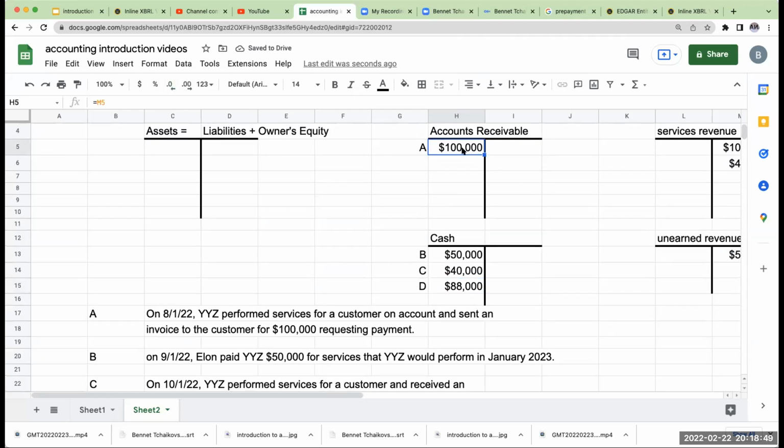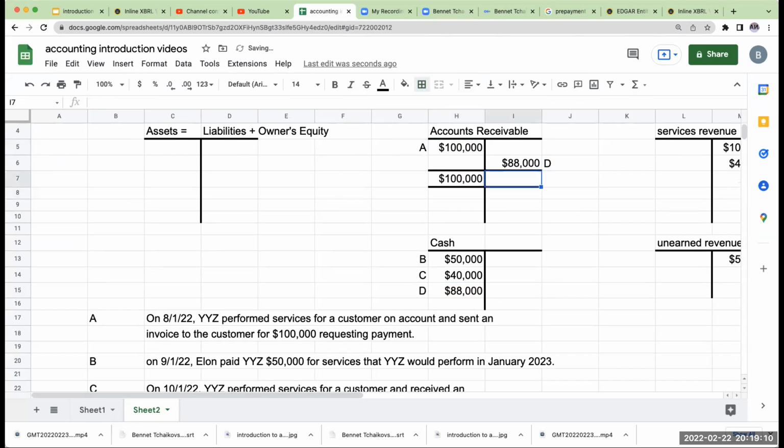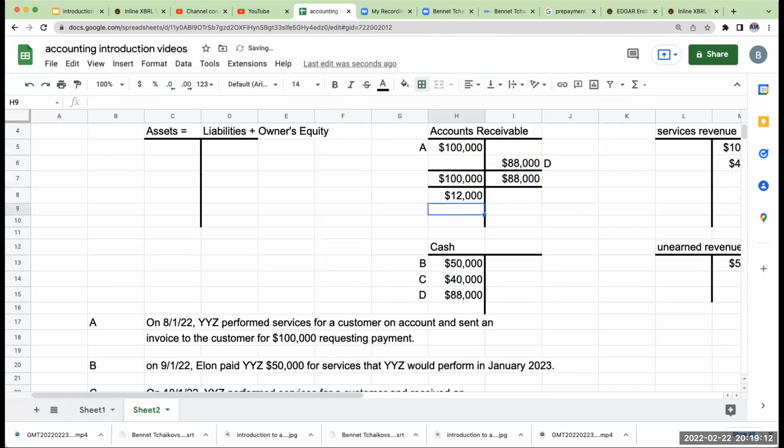Well, they owed me $100,000, right? Once they paid me, they're giving me now 88 grand. Do they still owe me $100,000? The answer is no. And in fact, the amount that they now owe me is going to be the 100,000 less the 88,000, or a total over here. I take my debits, my credits, subtract the smaller from the larger balance, and now I'm owed 12,000.